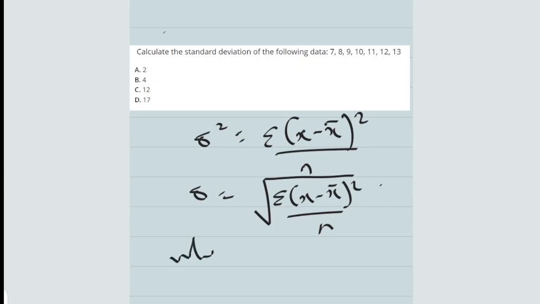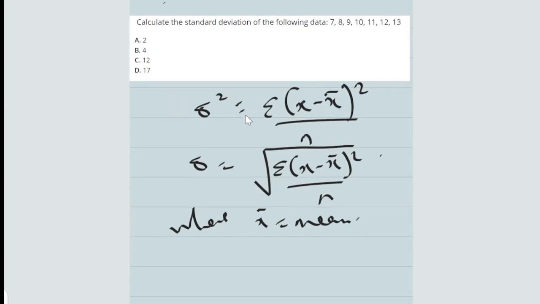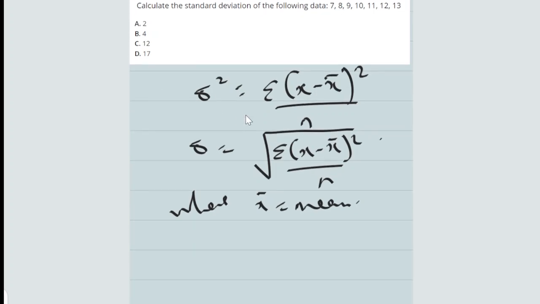Where your x bar is the average, that is the mean. It means you have to find the average first, then you calculate their deviation from the mean, and you add them together. Don't forget the difference between standard deviation and mean deviation is just that mean deviation uses absolute value, and you are not going to have the square there, as well as the square root.